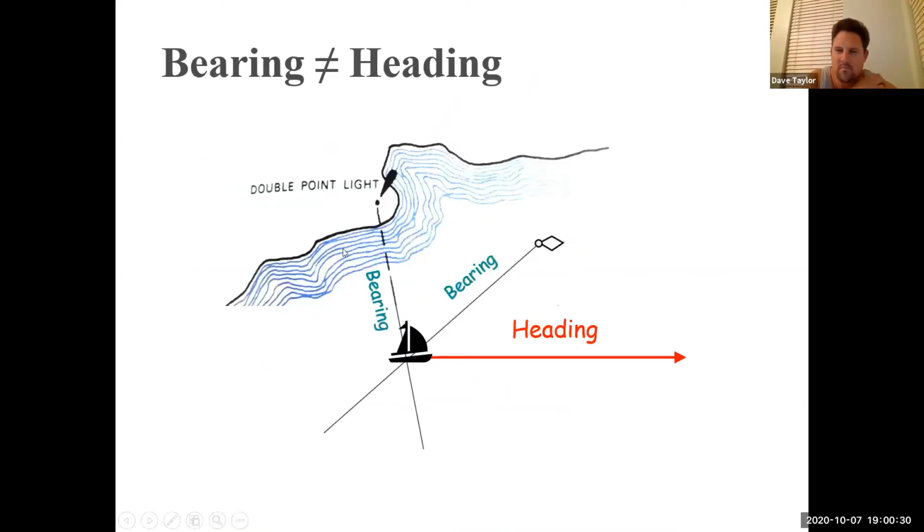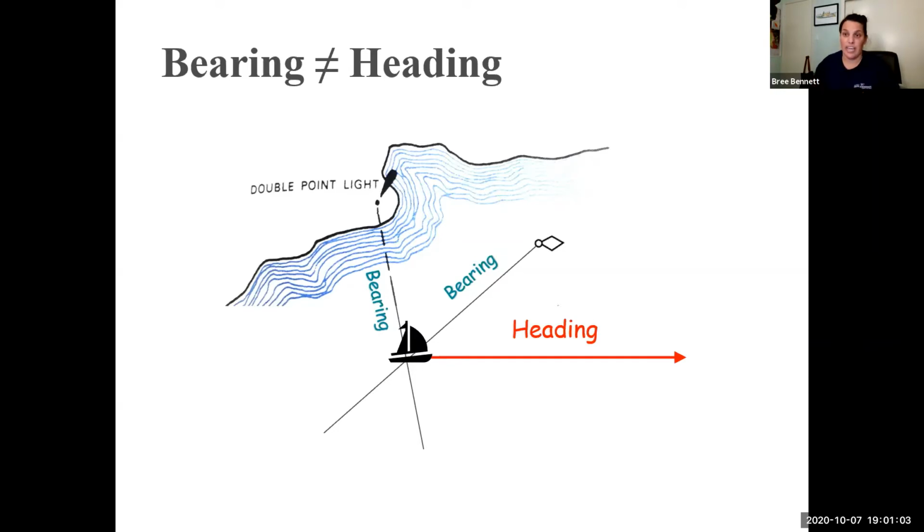What do we have? Okay, so one thing to keep in mind, and I think I put it on a different chart too. Two things I like to say, is that your bearing is not the same as your heading. We talked about this a little bit 2 weeks ago, where your bearing is from your boat, from you to the object of interest. Your heading is where your boat is pointed.